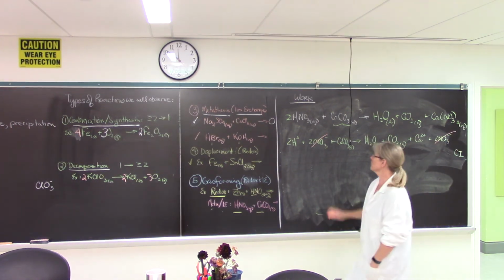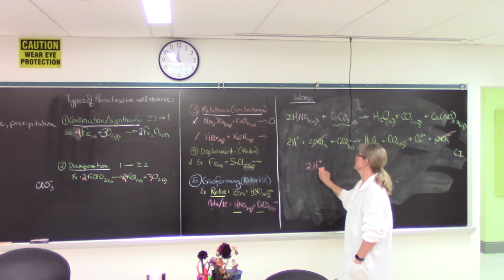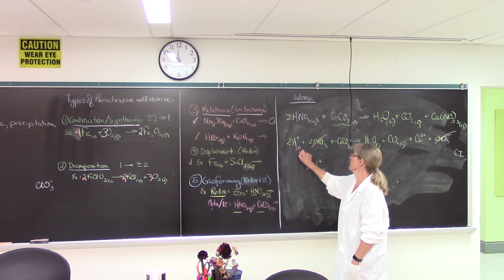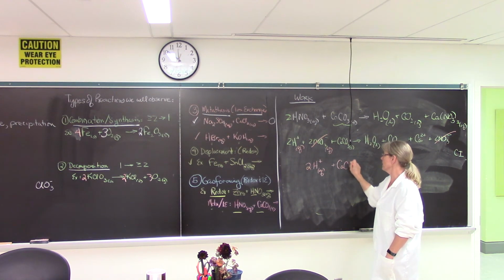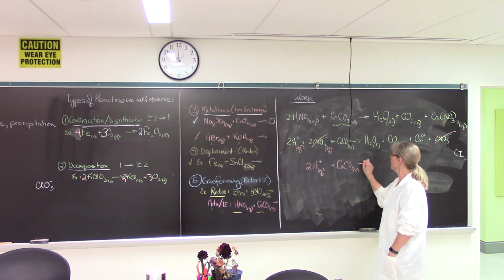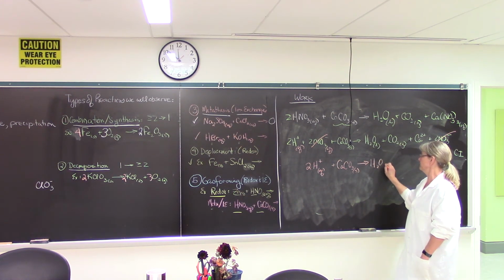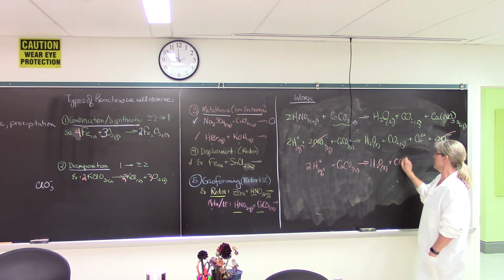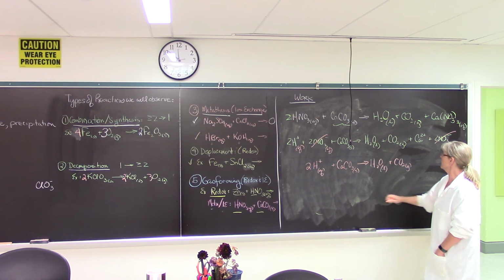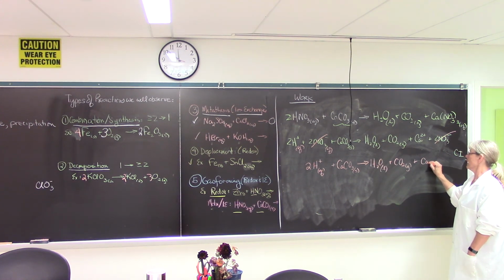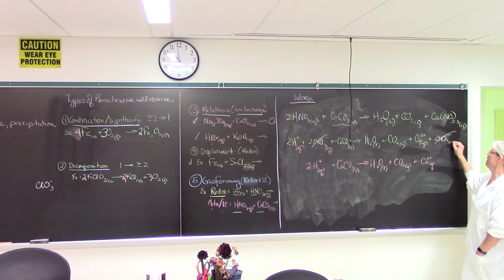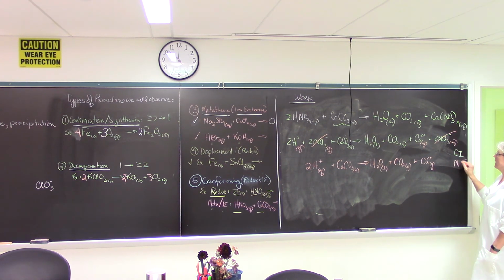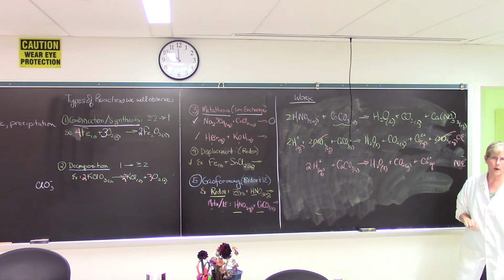So my net ionic equation here is 2H plus, calcium carbonate becomes water and carbon dioxide, and I still have an ion over here, calcium 2 plus. And that's my net. Got that in the wrong place. This is my net ionic equation.